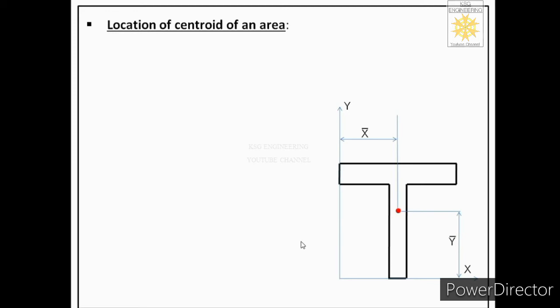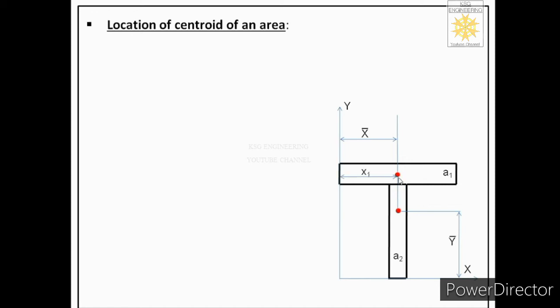Now if we have to apply those two formulas in order to find its coordinates, we divide this composite area into two regular areas, A1 and A2. So now we have two regular areas, rectangle 1 and rectangle 2. Then we will find their individual centroids.